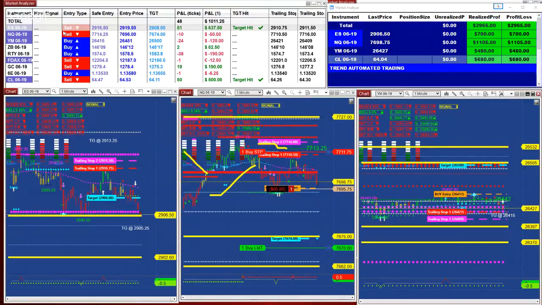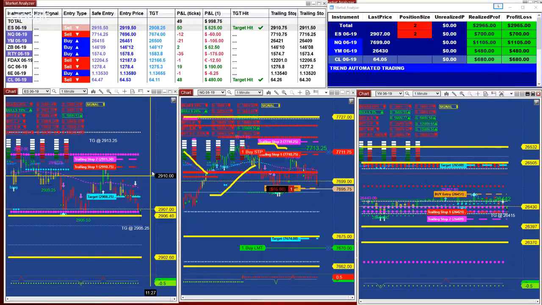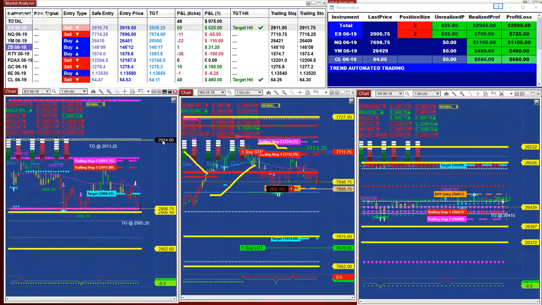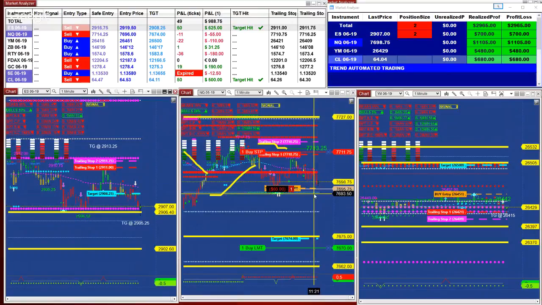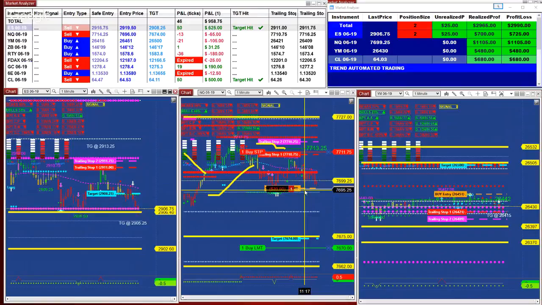Now this is the first little breakout of the ES. Eventually, it's going to break right now. And on the Nasdaq, you stay on the 93.50 or 93 limited order sell position.